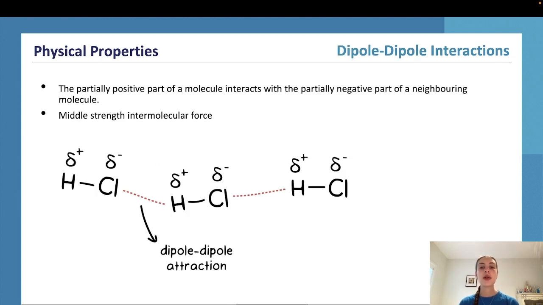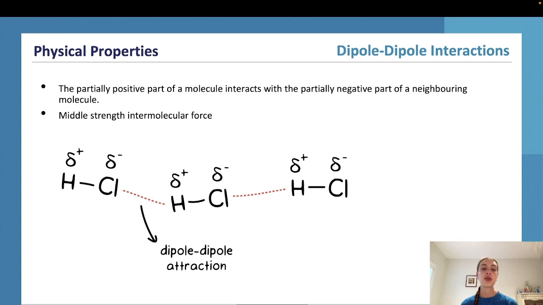The next one we can look at is dipole-dipole interactions. These occur when there's a partial positive and a partial negative dipole in a molecule, such as HCl, which is shown here. Because of an electronegativity difference between hydrogen and chlorine, there is an attraction of electrons to the chlorine part of the molecule, because the chlorine draws the electrons towards it.